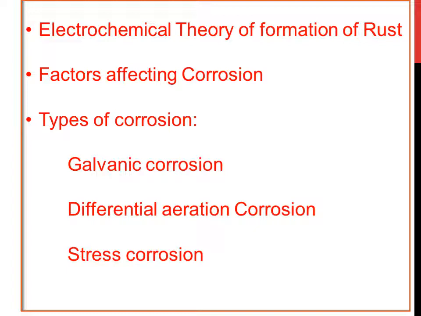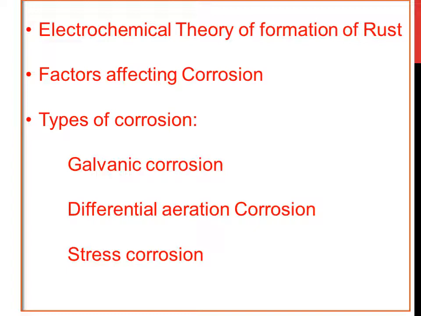Next one is differential aeration corrosion. As the name indicates, when there is uneven distribution of air or oxygen concentration, the corrosion that results due to uneven concentration of air, we call differential aeration corrosion.